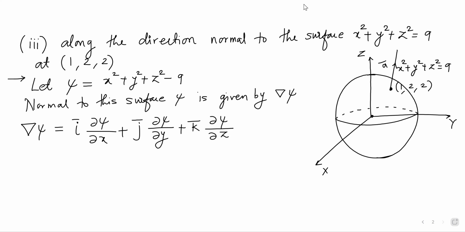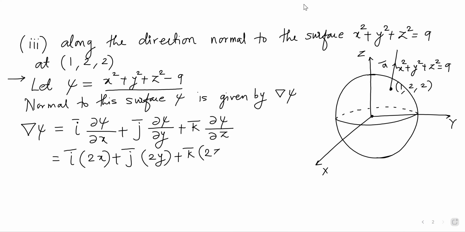And differentiate this equation with respect to x, y, z. So what do we get? It is i bar times the derivative of x square, which is 2x, plus j bar times the derivative of y square, which is 2y, plus k bar times the derivative of z square, which is 2z.